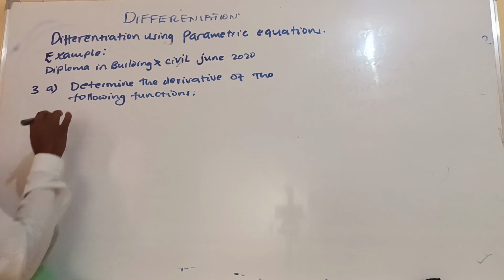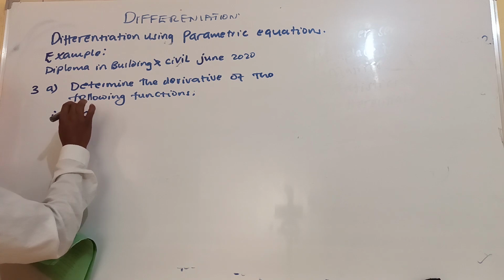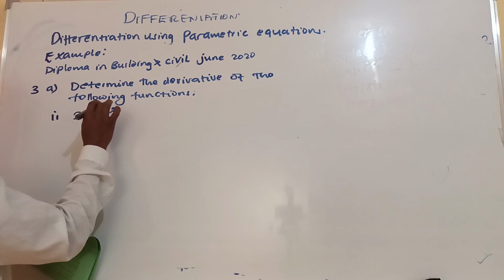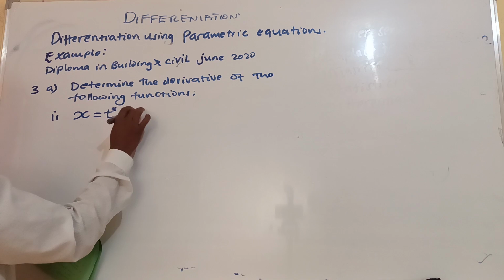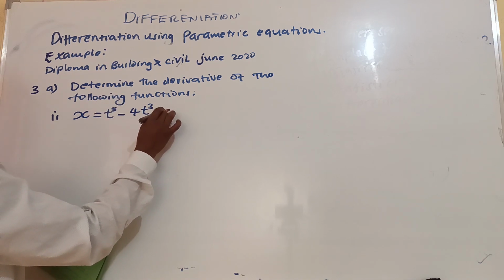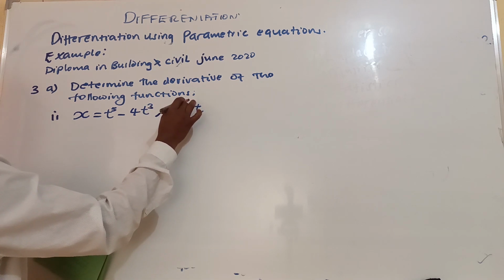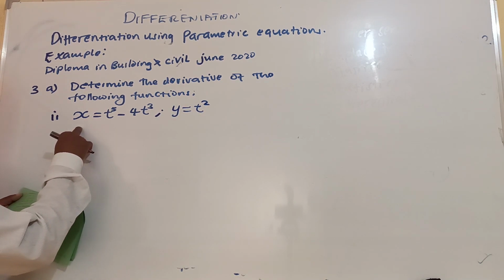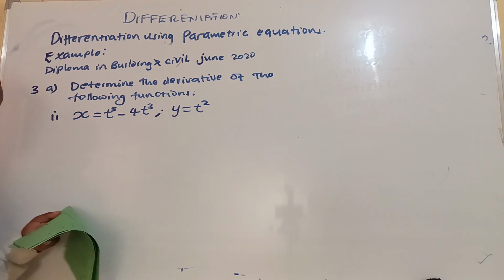Now part 2. We are given two parametric equations. x is equal to t to the power 5 minus 4t cubed, and y is equal to t squared.